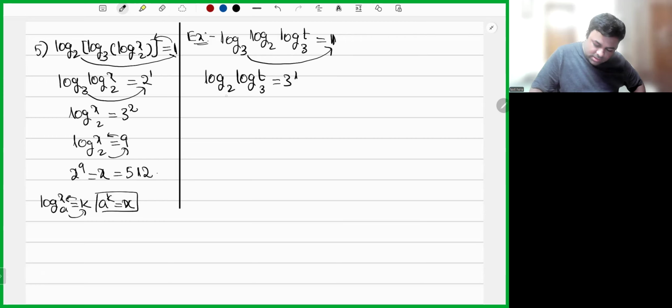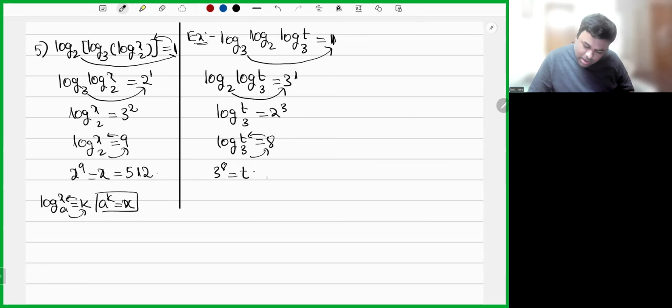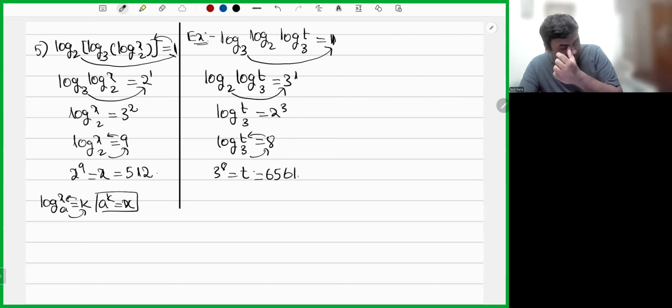Again, come from backwards. Log t base 3 is equal to 2 cube. Log t base 3 is equal to 8. Backwards, 3 power 8 is equal to t. So what is 3 power 8? 6561. Simple? Yes, sir, simple.